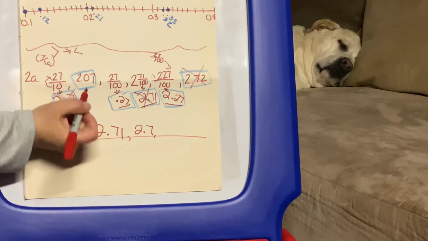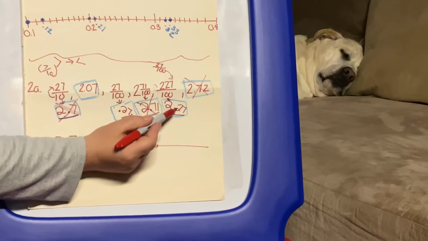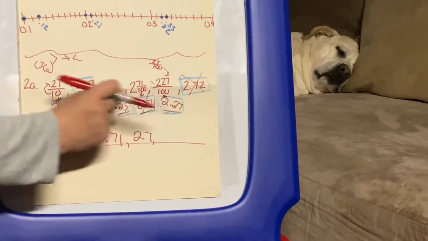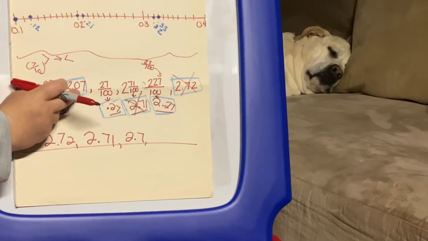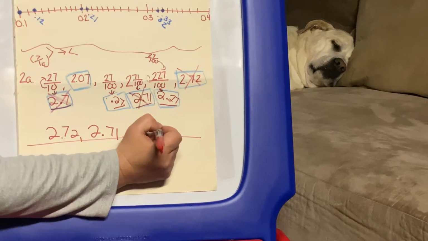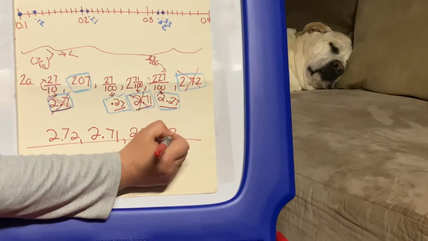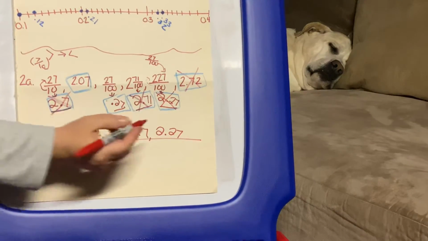I have 3 numbers left. I have 2.07, 0.27, and 2.27. Well, I should get myself right here because they both have whole numbers. They're both 2. So I move to the tenths. This is a 0 and this is a 2. I know that 2 is bigger. So 2.27 is going to come next. And again, don't forget to cross that off.